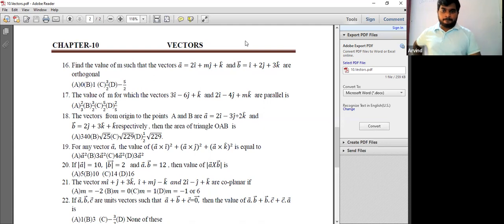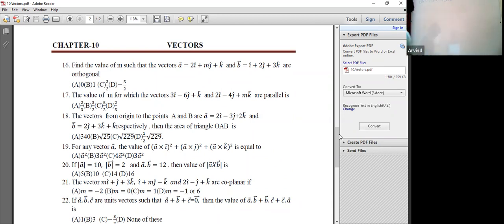Not getting it? A cross I cap, the whole square, you can write it as A cross I dot A cross I. Okay.